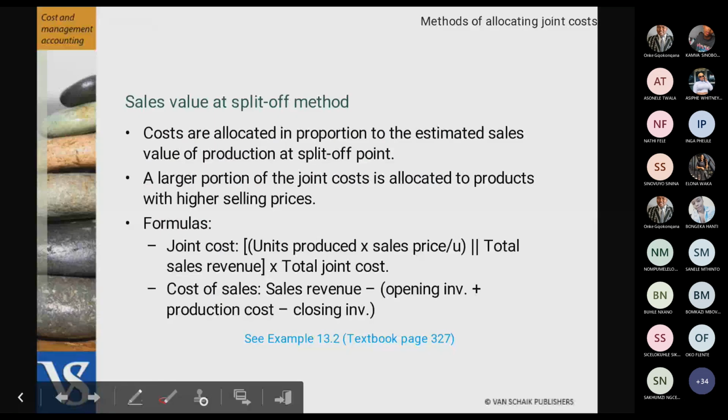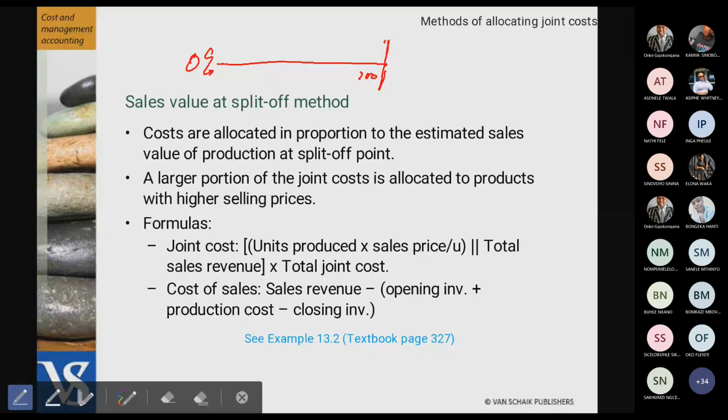Once again, if you still remember what I said about the split-off point, this is your production line, and this is the point. So let's look at our sales value at this point, not after further processing, but at the split-off point.